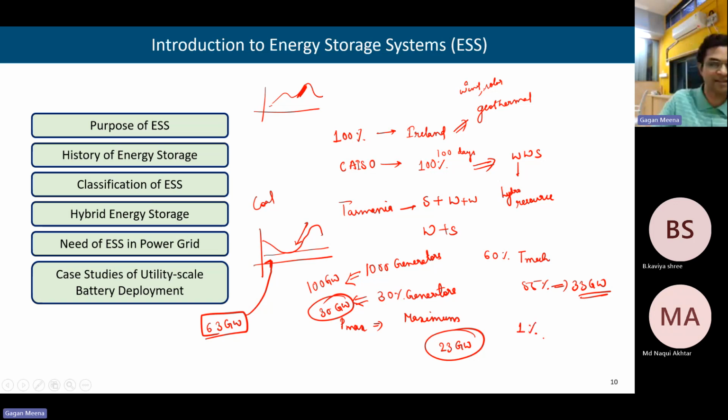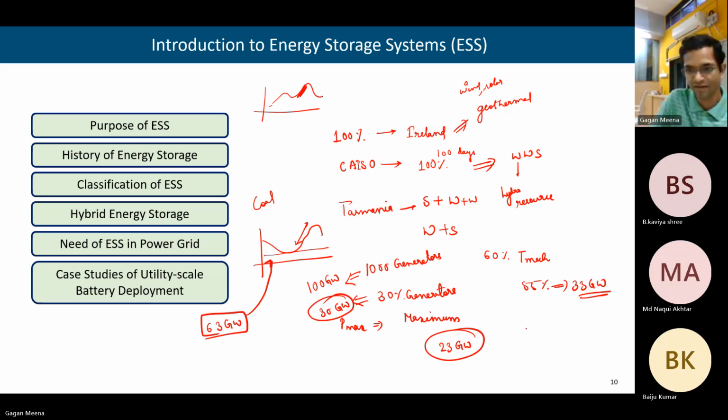Out of this 23 gigawatt also, there is a ramp limit, and the standard is 1% per minute. In one time block, they can ramp up to 15% of this remaining capacity, 15% of only 23 gigawatt.